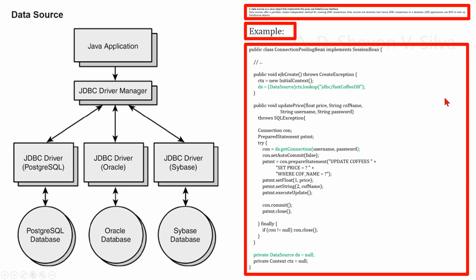For example, a programmer might write this type of code here. The first line of this code gets an initial context as the starting point for retrieving a DataSource object.